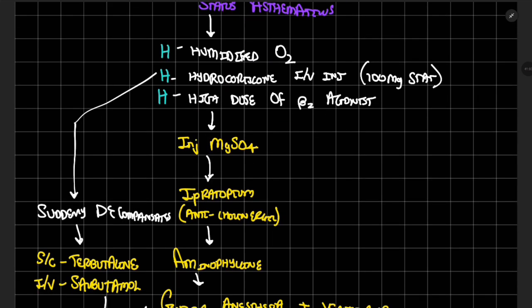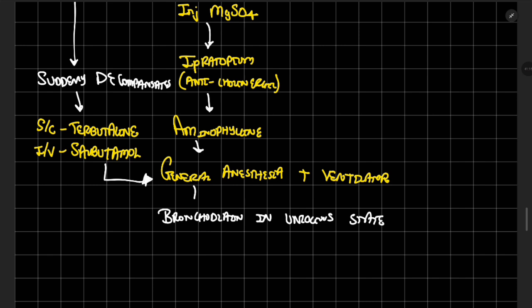If it is still not treated, we give ipratropium, which is an anticholinergic. If it is still not treated, we give injection of aminophylline, which is a PDE inhibitor. It increases the cAMP pathway. If it is still not treated, we give general anesthesia and we put the patient on the ventilator. General anesthesia causes bronchodilation in an unconscious state.